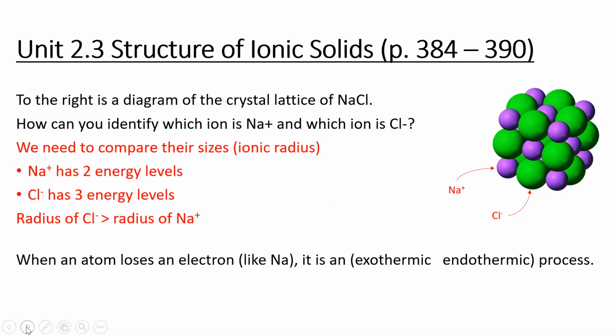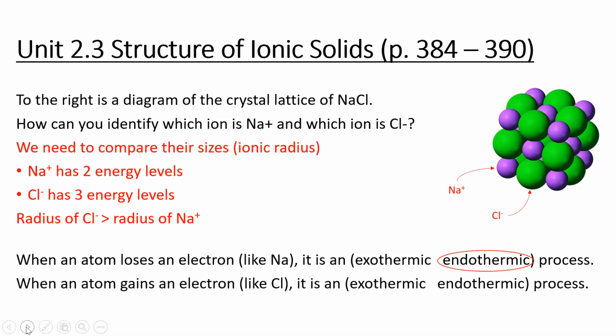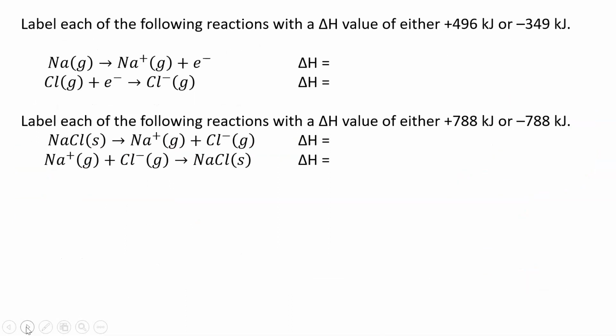When an atom loses an electron, like Na, we want to identify what type of process this is. Thinking back to what we learned last time, if an atom loses an electron, is that endothermic or exothermic? That is an endothermic process. When an atom gains an electron, like chlorine gaining an electron to become chloride, that would be an exothermic process.